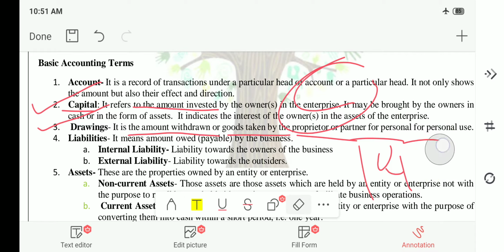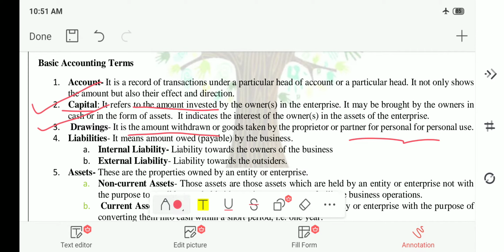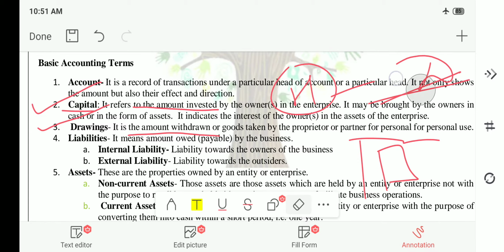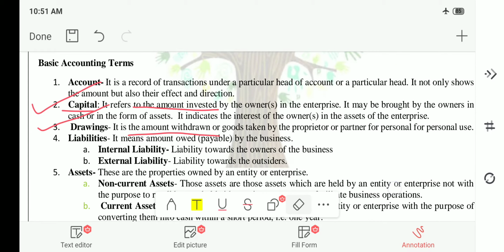But if he uses these groceries from his shop at his home, then this is nothing but his personal drawings. It will not be counted as a profit or a gain for him, but it is considered as a drawing from his own investment.